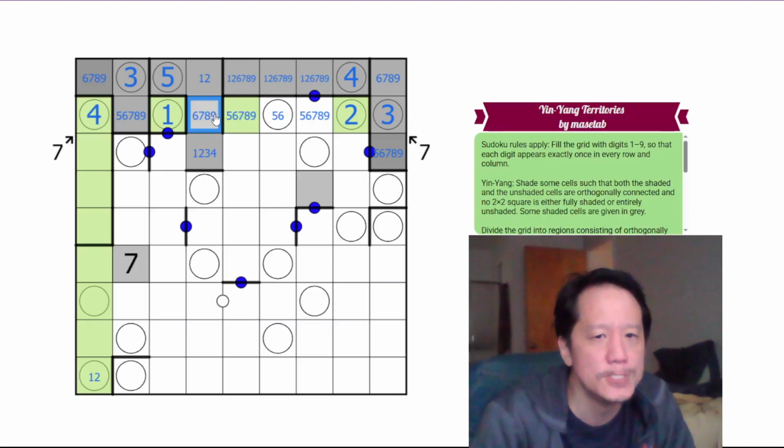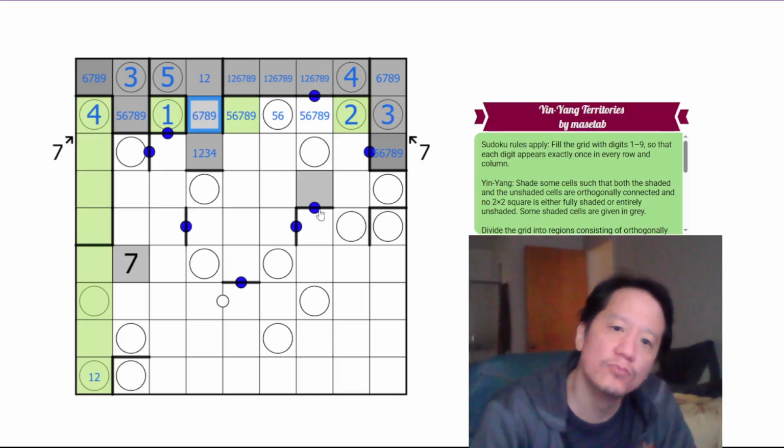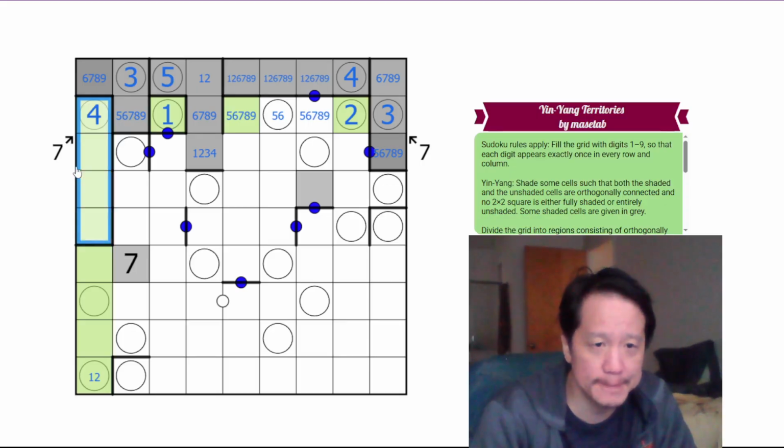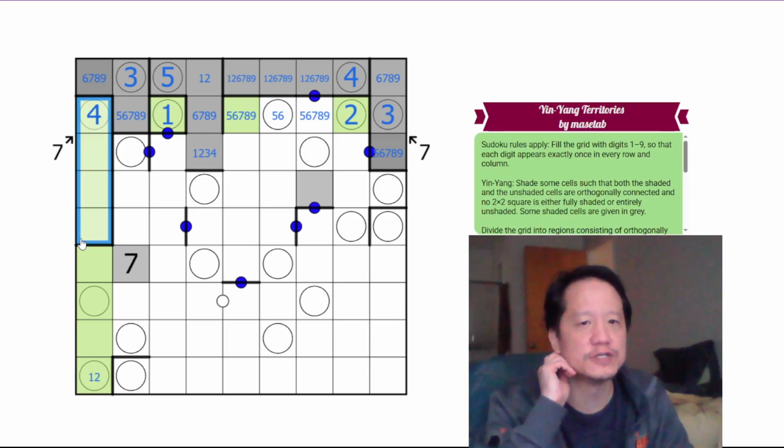Hmm. So this is guaranteed to be 2. This adds up to at most 20. Oh wait, no, this is unshaded, so it doesn't have any restrictions there.